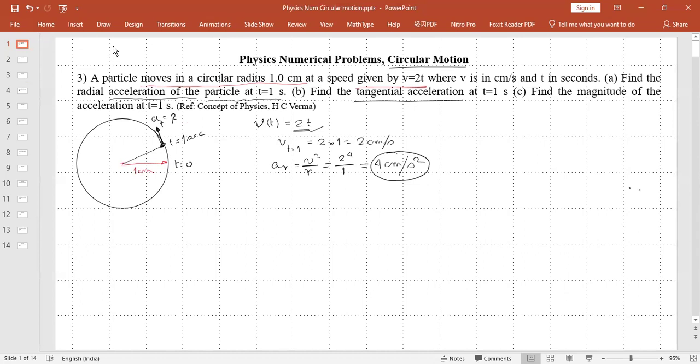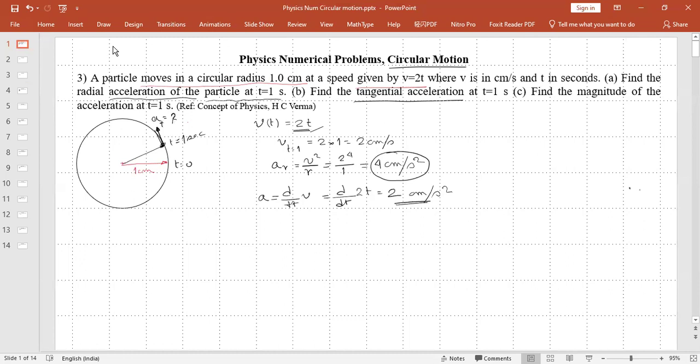Now acceleration you can always find as the time derivative of velocity. And in our case, it is d/dt of velocity, which is 2t. So it is 2 centimeter per second square. So acceleration is given.